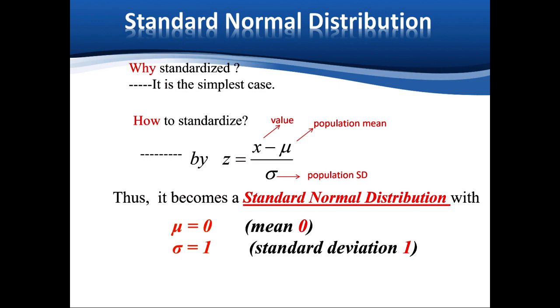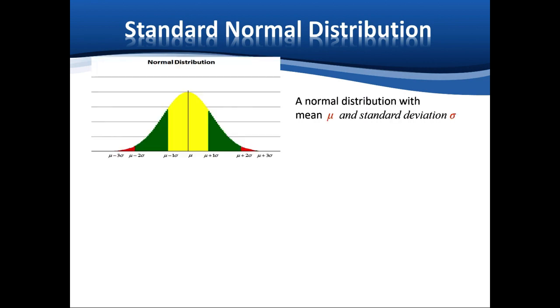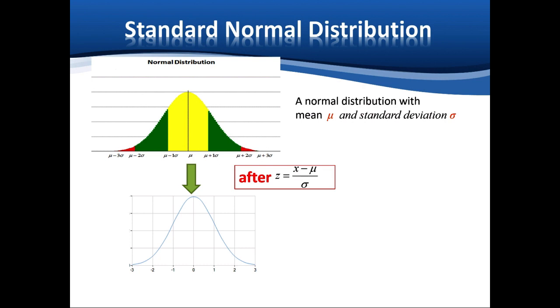Any normal distribution with mean mu and standard deviation sigma, you can use this z-score to transform it into a standard normal distribution. From the plot, the middle mu goes to the middle, mean of 0.